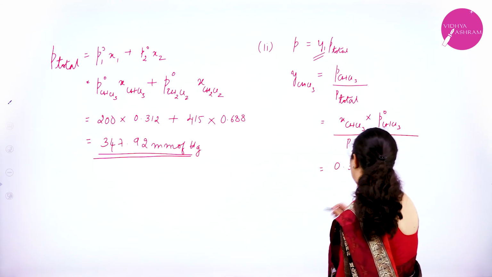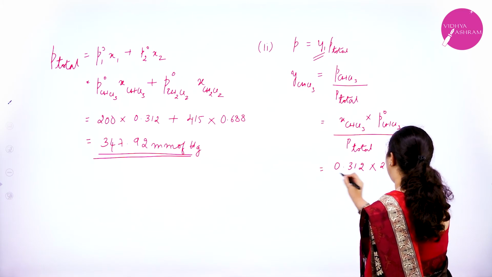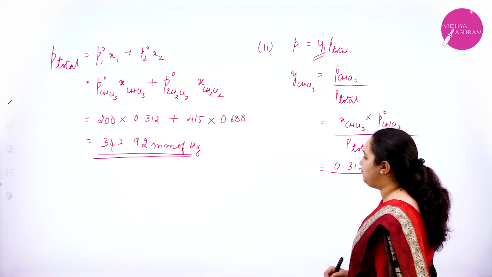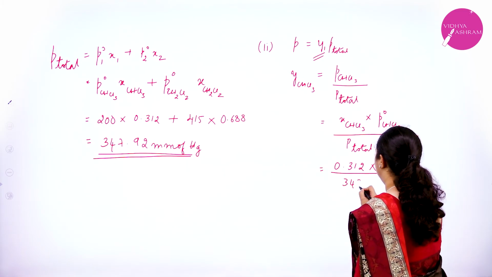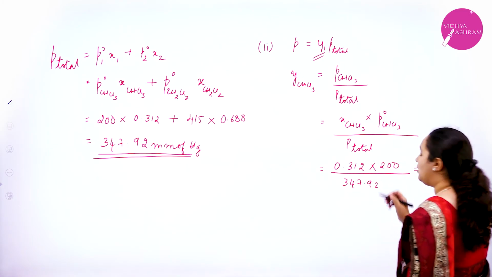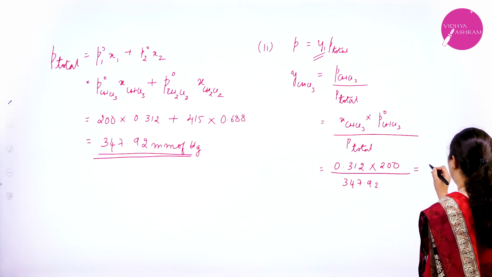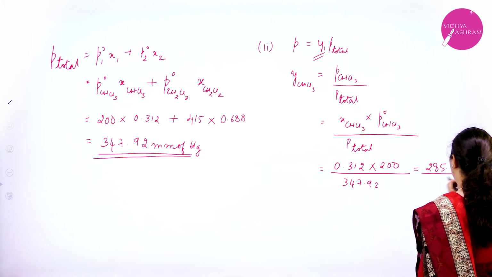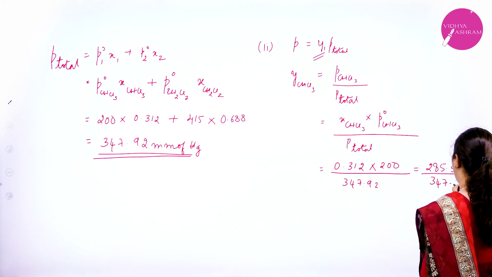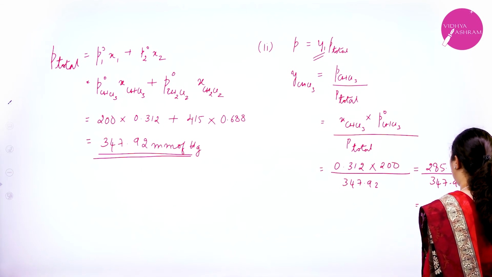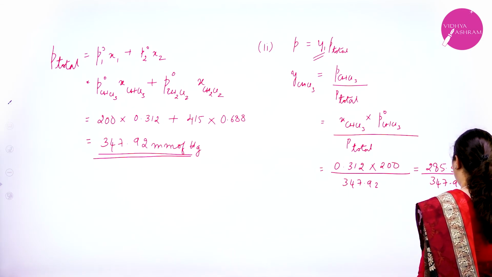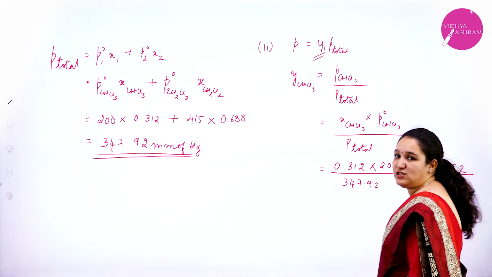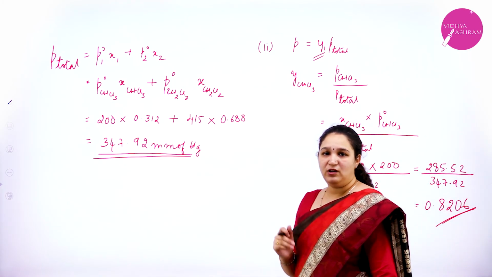It is 200. So it is 200 divided by what is the total pressure when I mixed both? It is 347.92. So now this will be equal to 285.52 divided by 347.92, which will be equal to 0.8206. So this is the mole fraction of chloroform in the vapor phase.